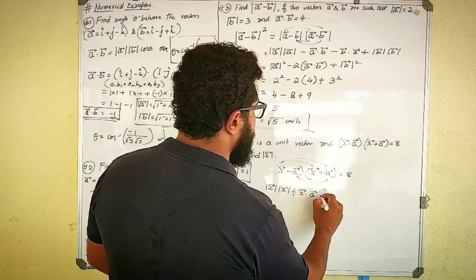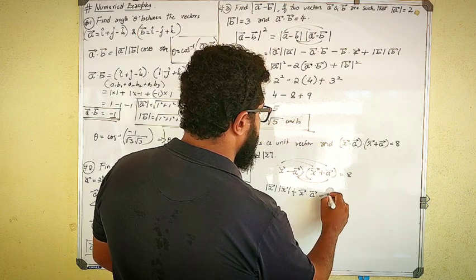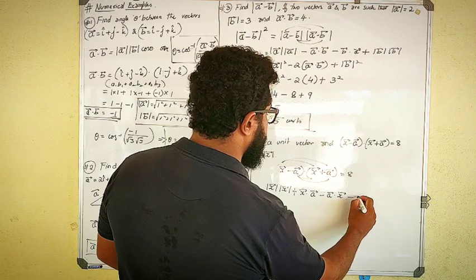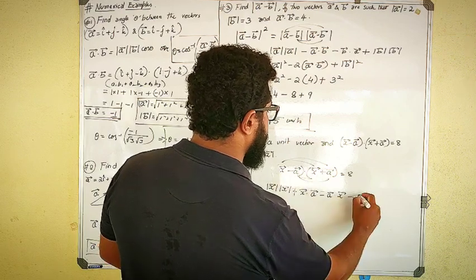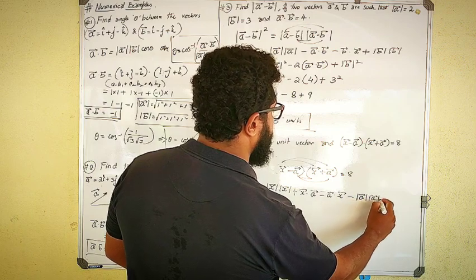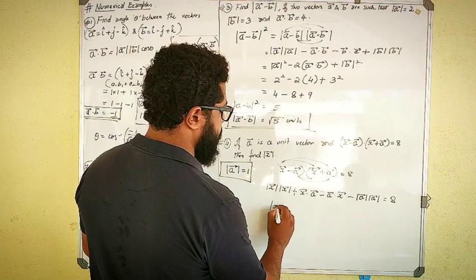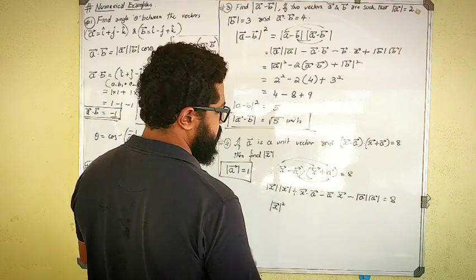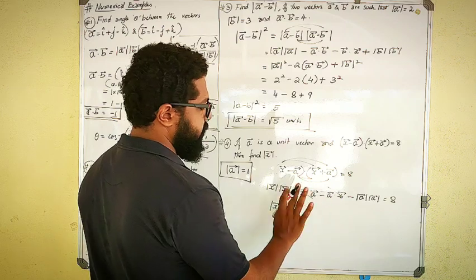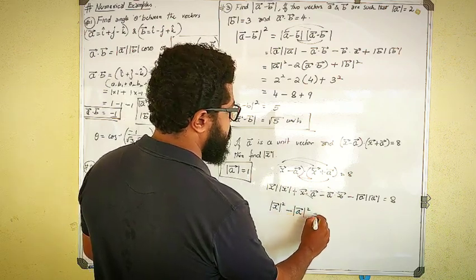Then here it will be minus A dot x. Then minus magnitude of A, magnitude of A. This is given to me as 8. So x dot x vector magnitudes, this will be square, and these will cancel since it is plus and minus. Then here it will be minus magnitude of A square is equal to 8.